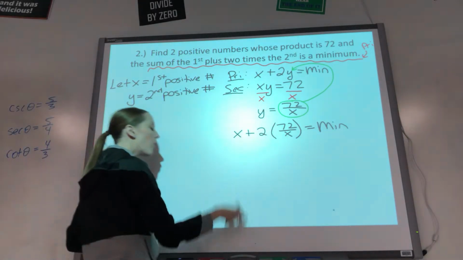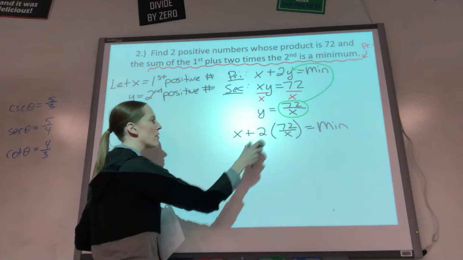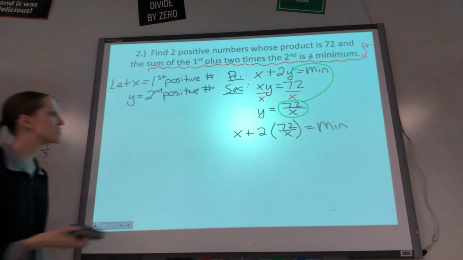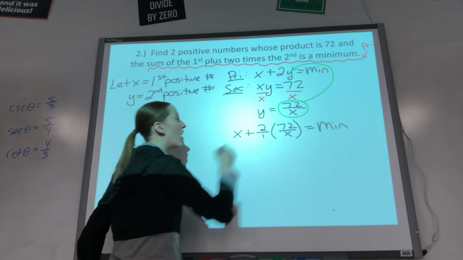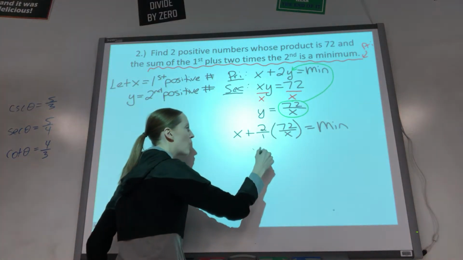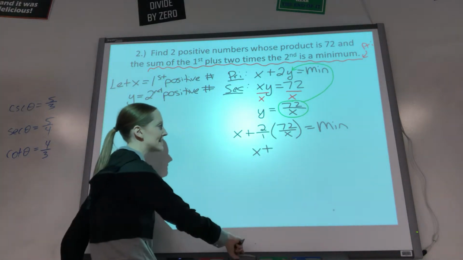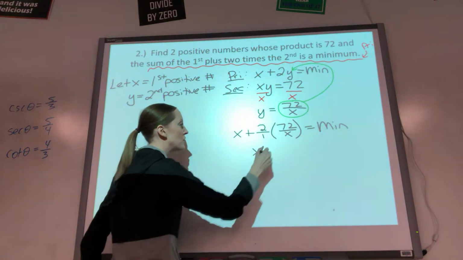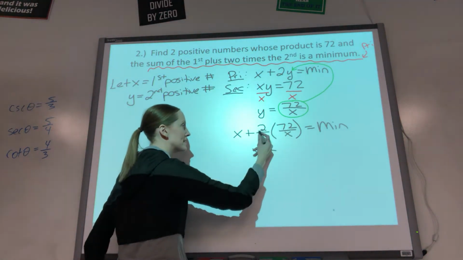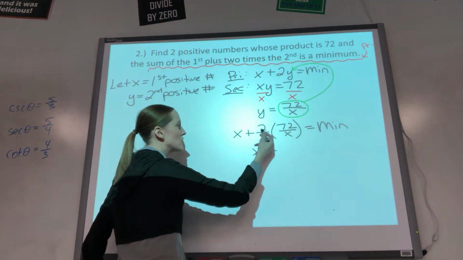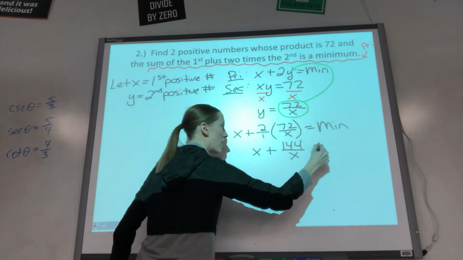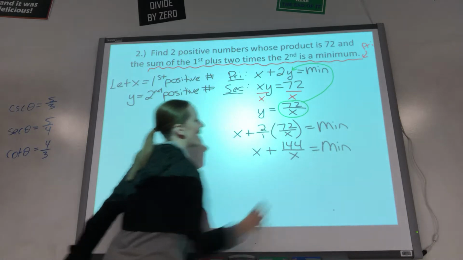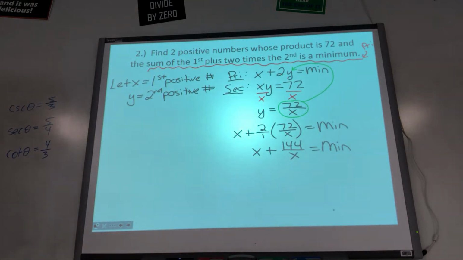Well, I really need to simplify this before I take the derivative. You can think of the 2 over 1 if you want. So when I simplify that, it's going to turn into x plus, if I take 72 times 2, 144 over x, and it still equals a minimum.